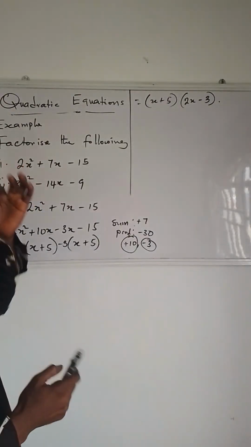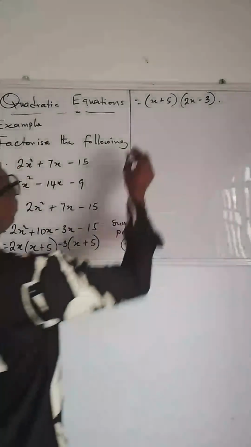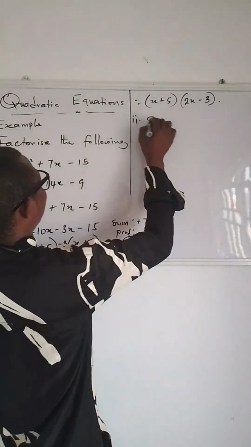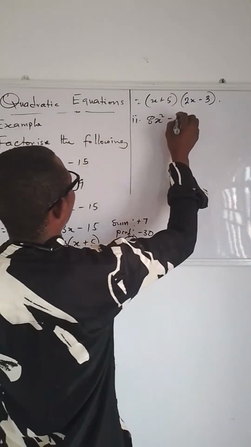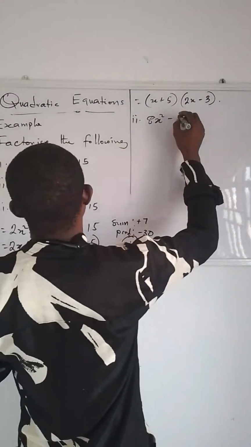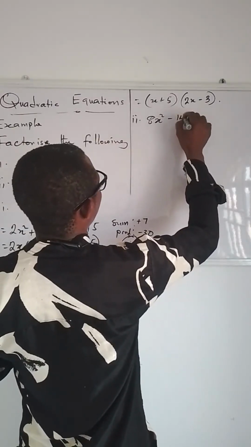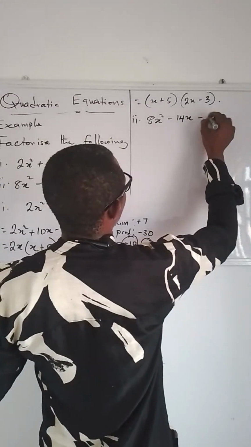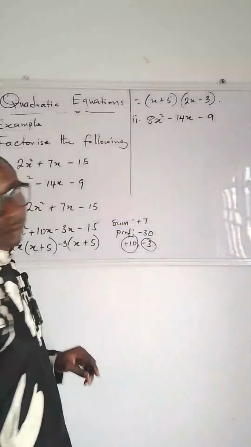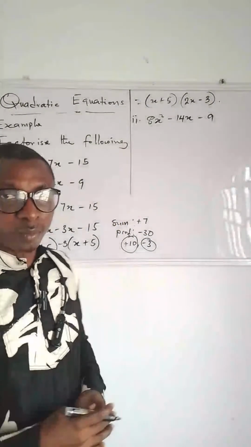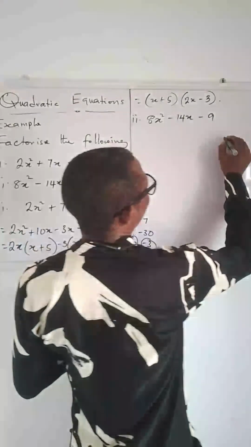Now let us look at the next one. We have 8x squared minus 14x minus 9. Okay, now the first thing is to look for the sum and product. So what's going to be the sum of this?